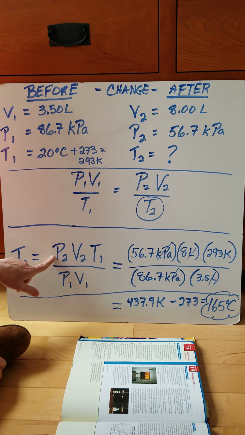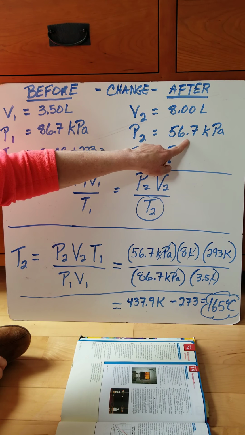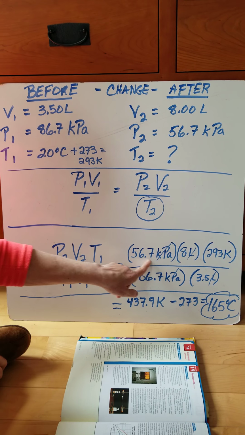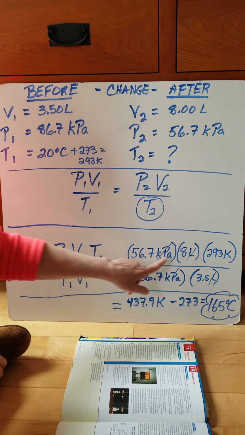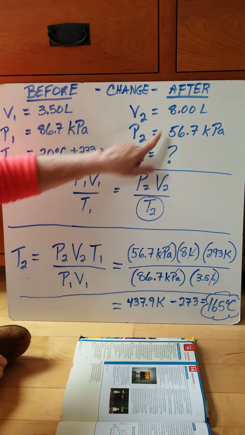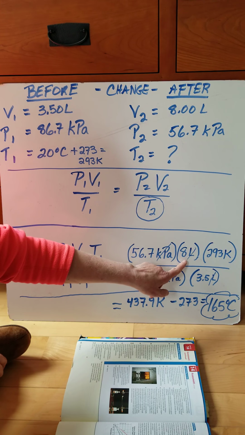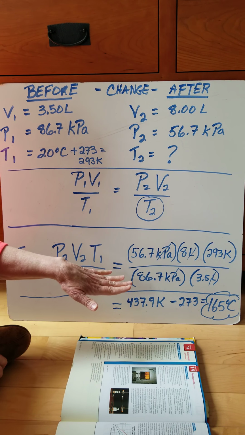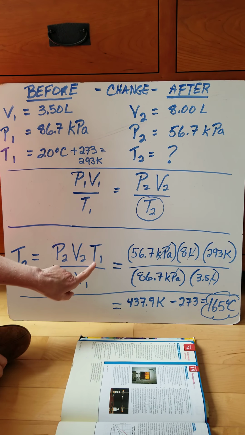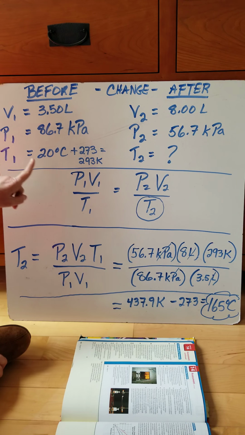So our P2 is 56.7 kilopascals. We just put it in there in the exact same order. Our V2 is 8 liters. Notice I didn't put the 0.00. That's just because I ran out of space and we're not worrying about significant figures. Okay, our T1 is over on this side.